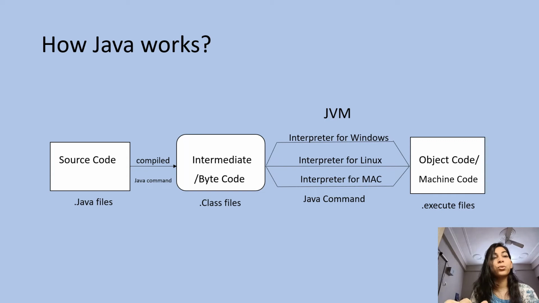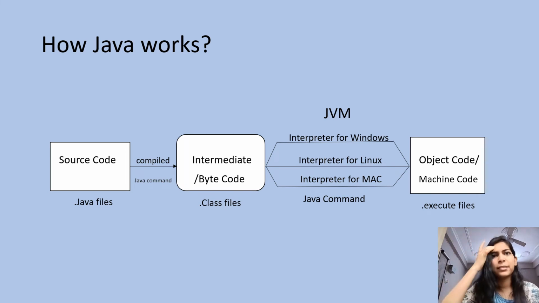All right, so this is the flow chart of how Java works, right? All right, so Java uses both compiler as well as interpreter. Right, so the source code is first compiled into bytecode, which we can also call as intermediate code, and then comes JVM, whose full form is Java Virtual Machine, which acts as interpreter for the language.